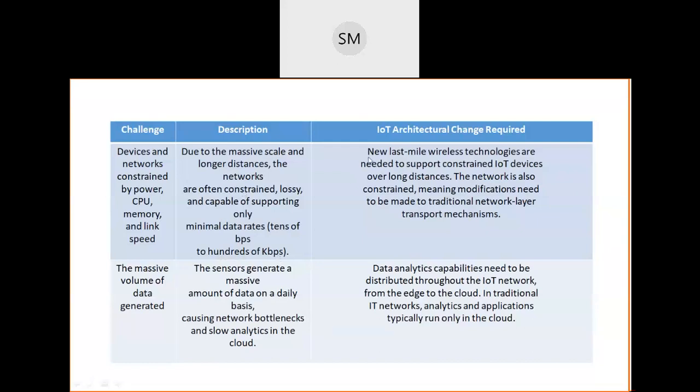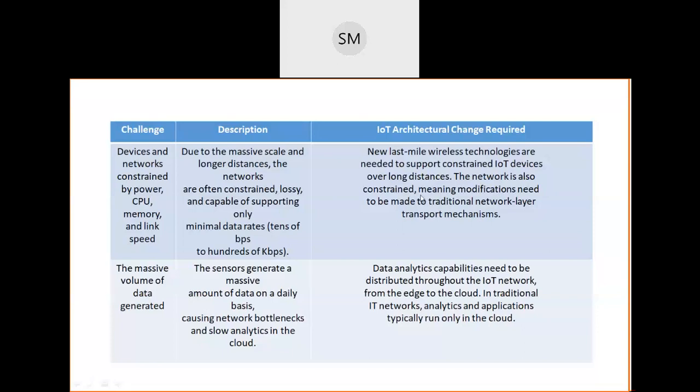Now, what is required to make our IoT network very efficient? New last mile wireless technologies are needed to support constrained IoT devices over long distances. Even though the distance is long, the power supply should be continuous, the devices should be continuously connected to the network, and the network speed should be increased.